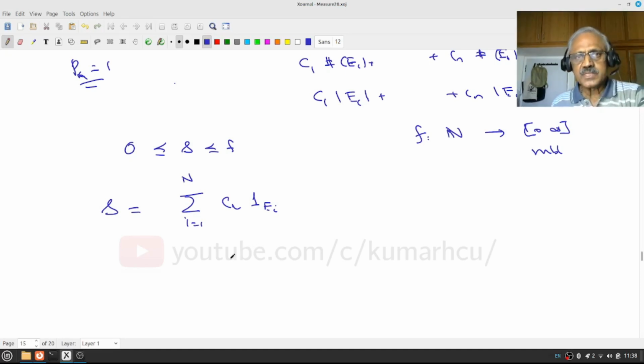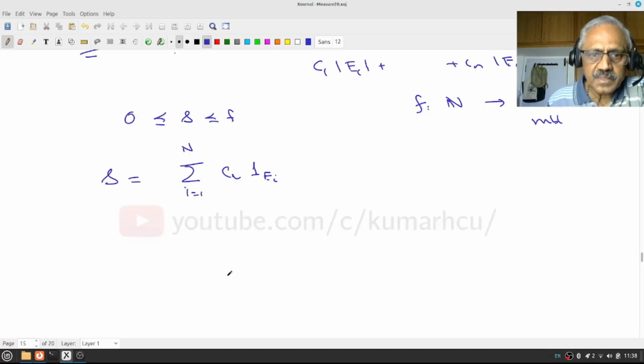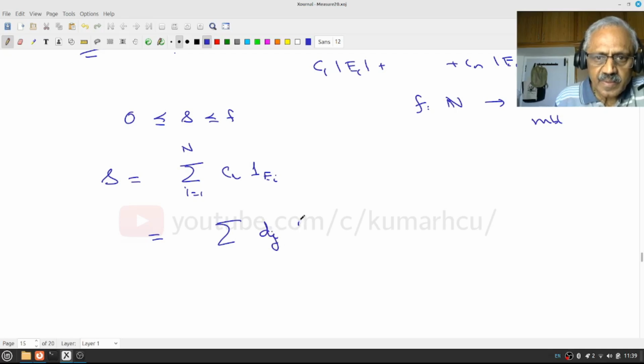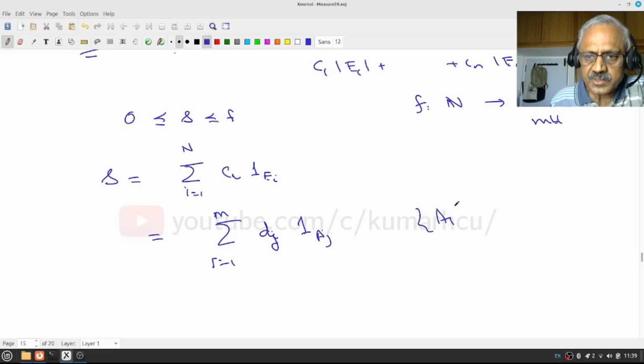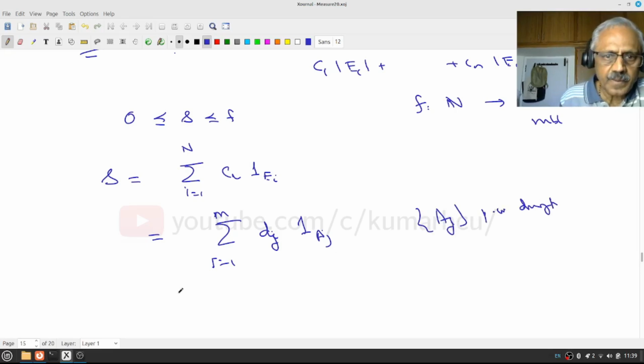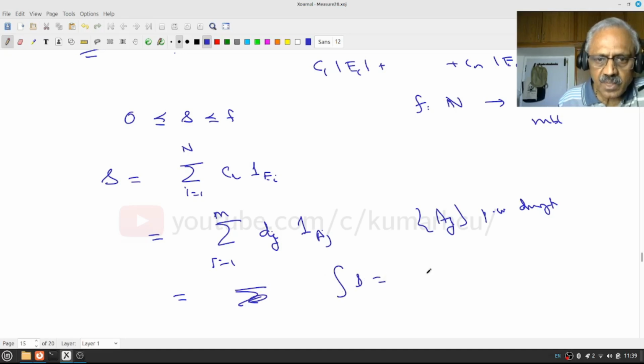It also has something very interesting: if I write s as the sum of d_j times the indicator function of A_j, j equal to 1 to m, where the A_j are pairwise disjoint, then the integral of s is also equal to the sum of d_j times the measure of E_j.